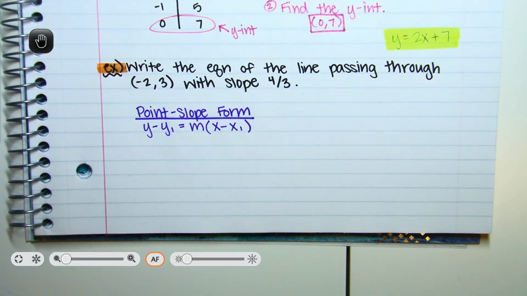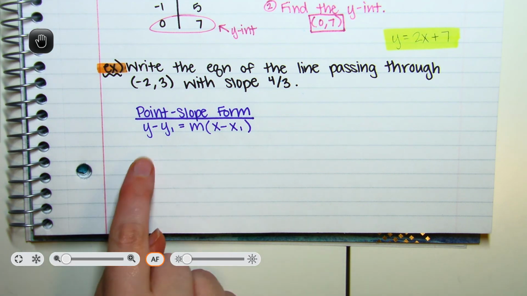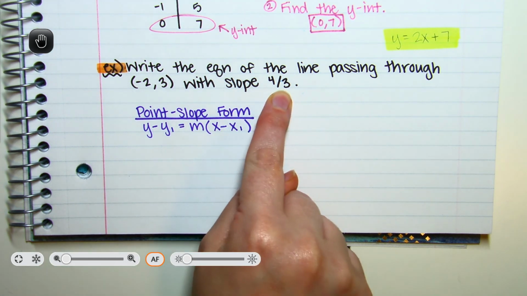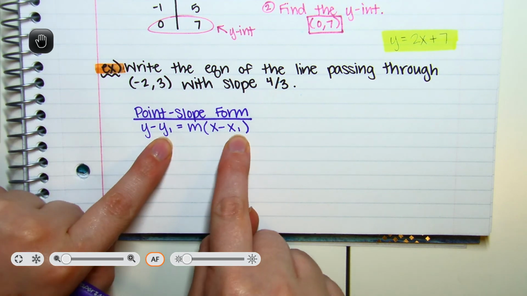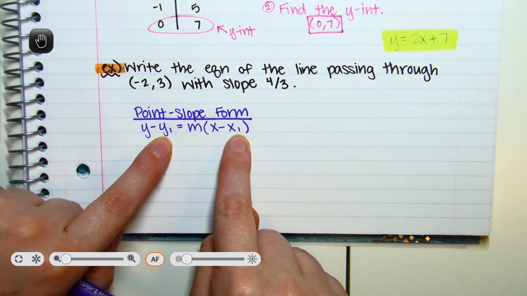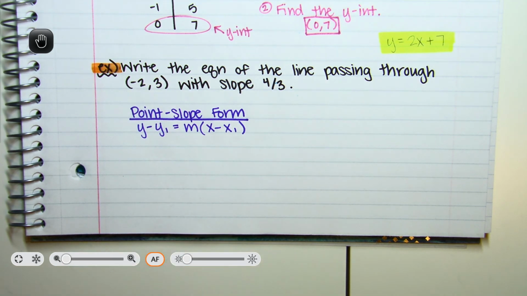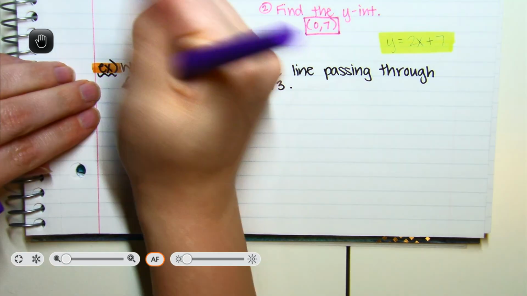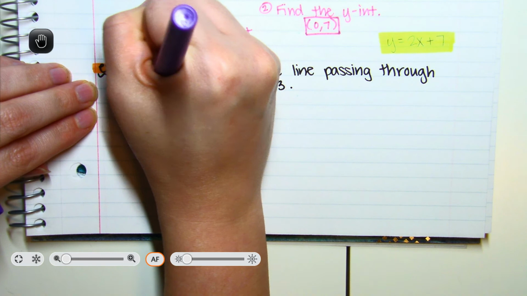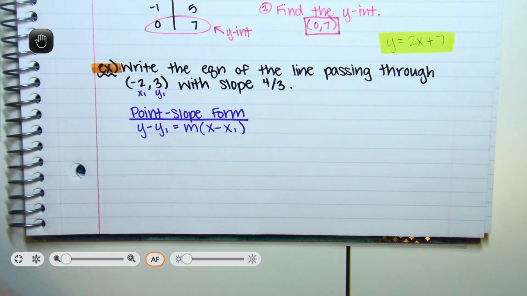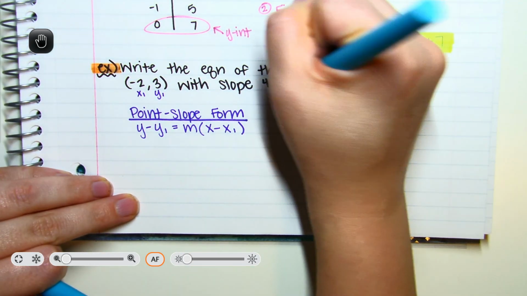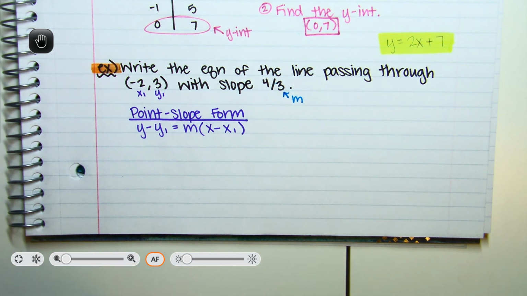Now the reason why this is helpful is because this formula uses m, the slope, which we have, and a coordinate point, x sub 1 comma y sub 1. We have a coordinate point. That's why this is really helpful. Okay, so I'm going to label this x sub 1, y sub 1. And then we know 4/3 is my slope.